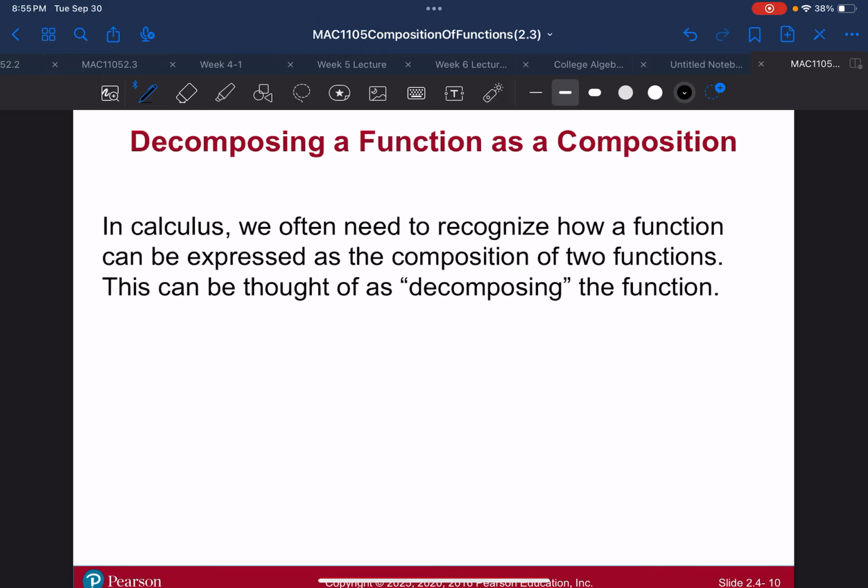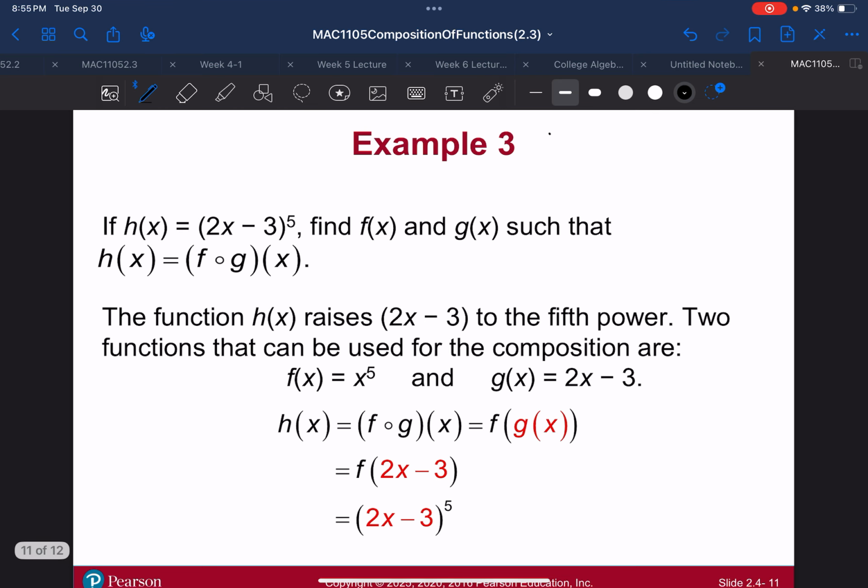Okay, so now we're going to just learn how to do this kind of backwards, how to decompose a function that is a composition of two functions. So for example, if we have a function h of x, and it's equal to 2x minus 3 all raised to the 5th power, and we're asked to find functions f and g such that h of x is equal to the composition of f and g.